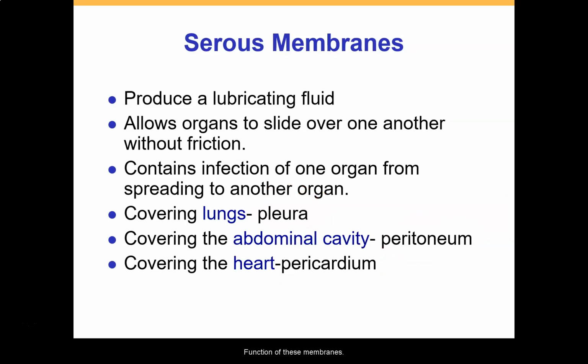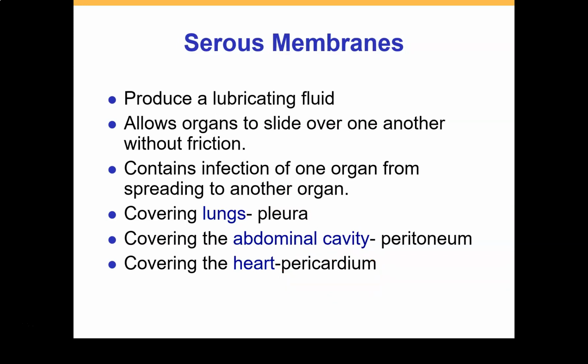The function of these membranes is to protect the organs that are found inside of their respective cavities. So for example, the lungs are protected by the pleural serosa or serous membrane. The heart is protected by the pericardium.